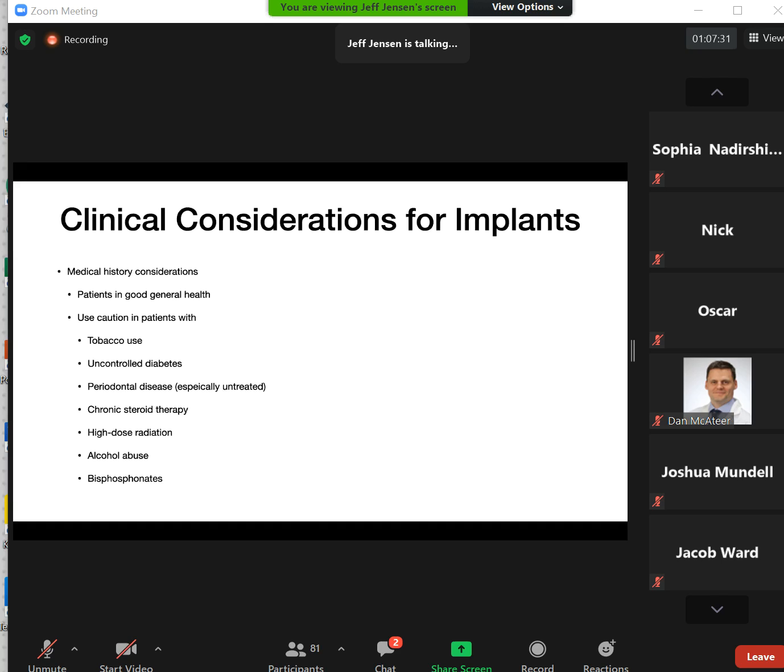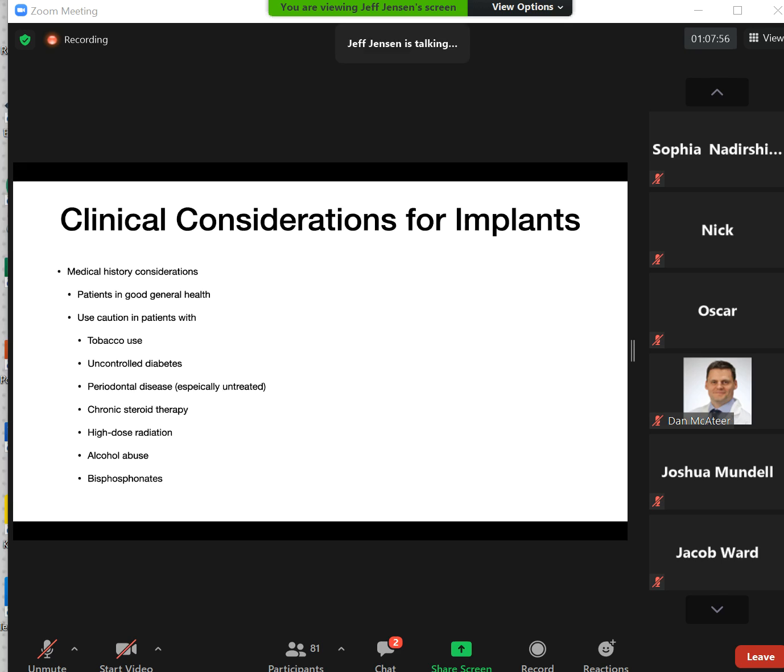High dose radiation, again, that can really affect bone healing, much like bisphosphonates. Alcohol abuse is there. It's not as high as smoking, kind of similar to what we talked about with periodontal disease this morning. So these are some things to be aware of. Have I put an implant in someone that smokes? Yes.